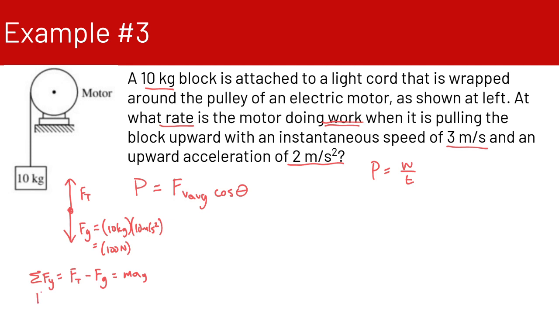So our tension force minus our gravitational force, which is 100 newtons, is equal to our mass of 10 kilograms times our acceleration, which we're given in the problem, which is 2 meters per second squared.